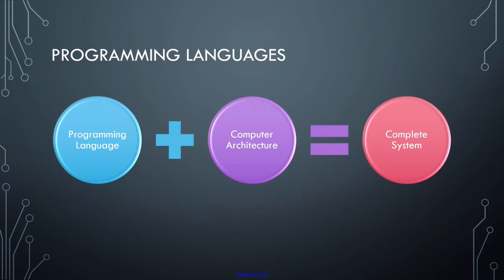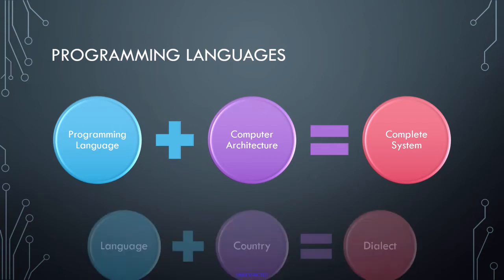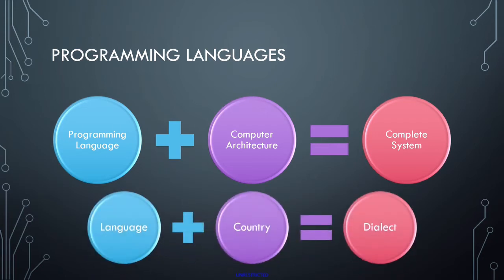We can have a set number of programming languages, a set number of components, but then when we combine everything, we can end up with, like I said, unique systems. And so a comparison for this that I like to use to help clarify this a little bit more is think about it like this second set of bubbles here. So the programming language, compare this to an actual language that people would speak.